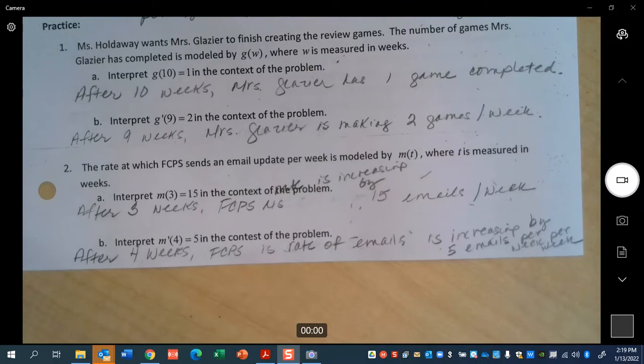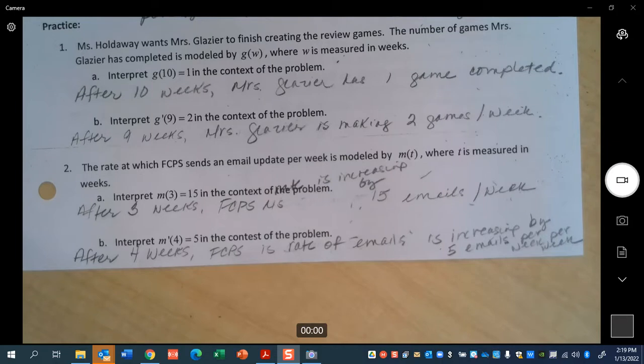That's my rate of change. And that's going up by 5 emails per week per week. That is how much it's increasing as I'm going. My rate is not constant. My rate is increasing at an increasing rate.